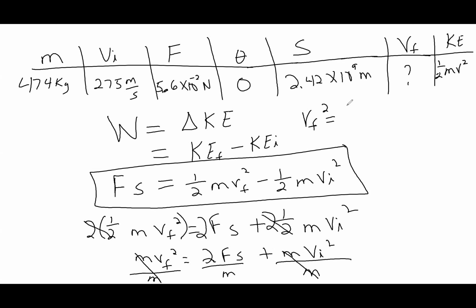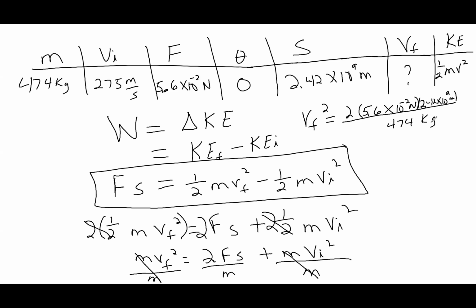So V final squared is 2 times F, which is right here, 5.6 times 10 to the minus 2 newtons, times S, and S is 2.42 times 10 to the 9th meters, and divide that through by M, and M is 474 kilograms.